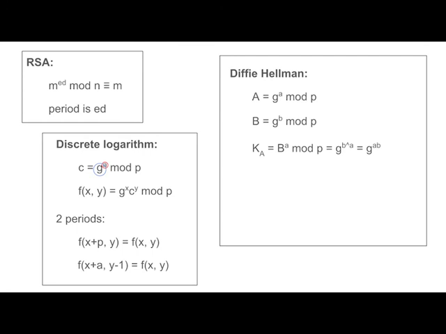We assume no one else does because they can't break the discrete log problem. So this ends up being G to the b to the a, and by the property of exponents becomes G to the ab.